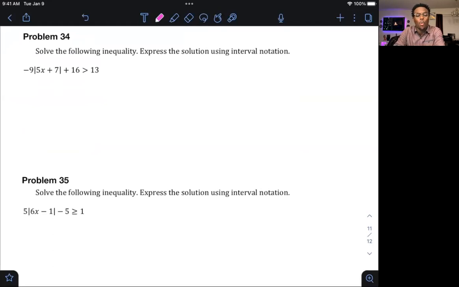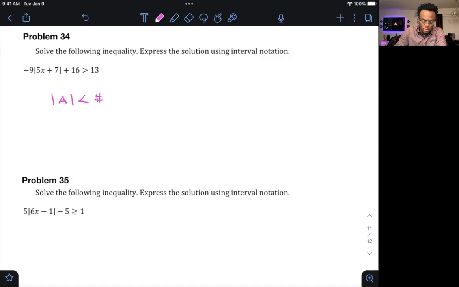When solving absolute value inequality, it's like compound inequalities. If you have absolute value of A less than or equal to a number, you can do it two ways.